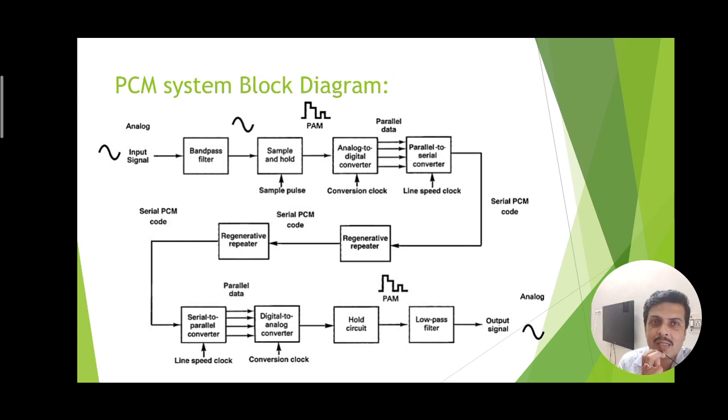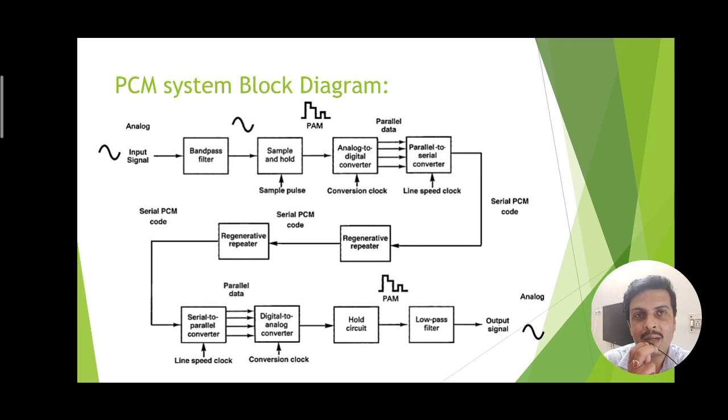Now this is the overall block diagram for the pulse code modulation system, in which initially the continuous analog signal is applied to the input of the pulse code modulator circuit. Here a low pass filter is required because it will limit the higher frequency components of the incoming message signal to a fixed value, so that the message will be band limited.